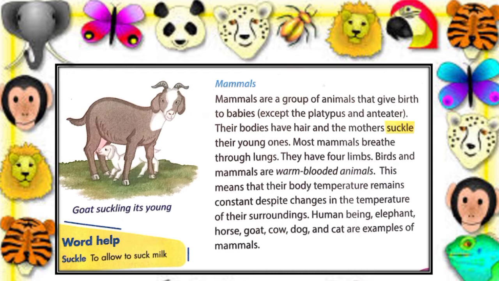Mammals are examples of such animals, and they have very well developed brains, and they have hair on their body. Human being along with dog, cat, lion, elephant, deer, cow, buffalo, hippopotamus, all are some examples of mammals.